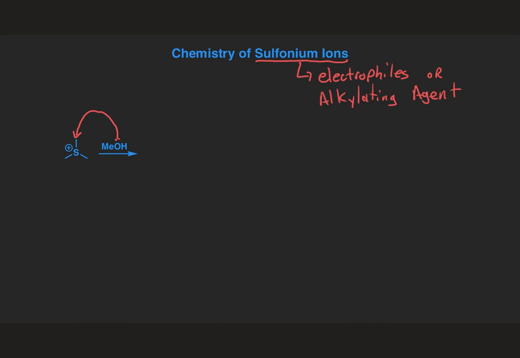And then the bond that's holding that carbon to sulfur is going to kick down back to sulfur so that we get an intermediate like this. And we still have our sulfur with now just 2 methyl groups attached to it.